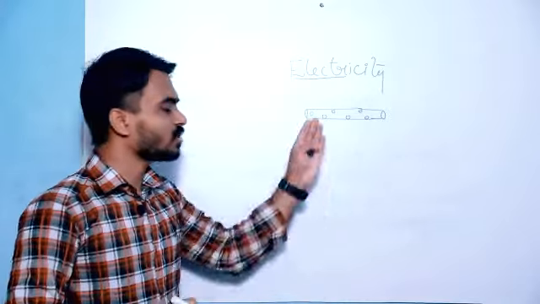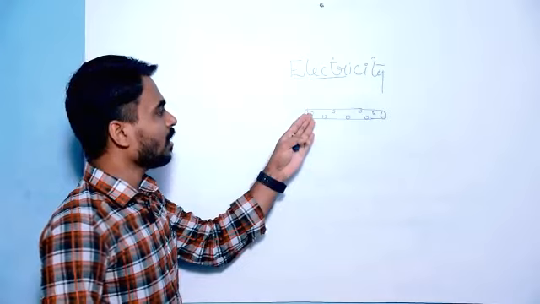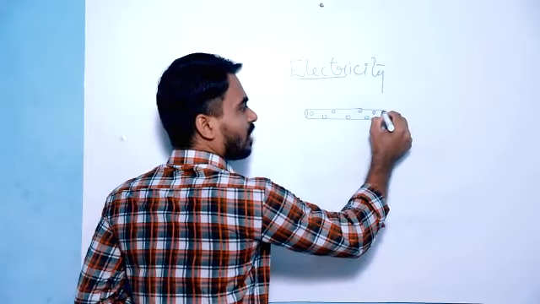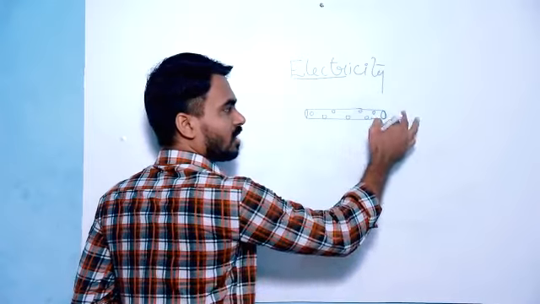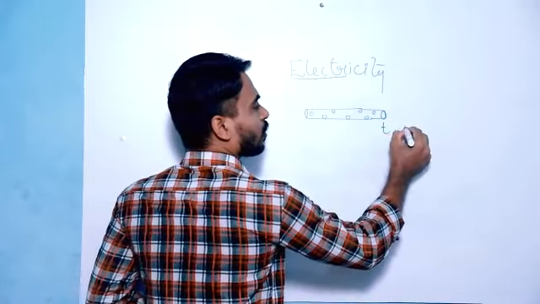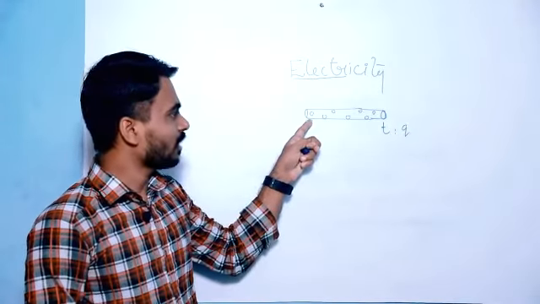See, a large number of electrons are flowing through this conductor, and at a particular time t, Q charges are flown.